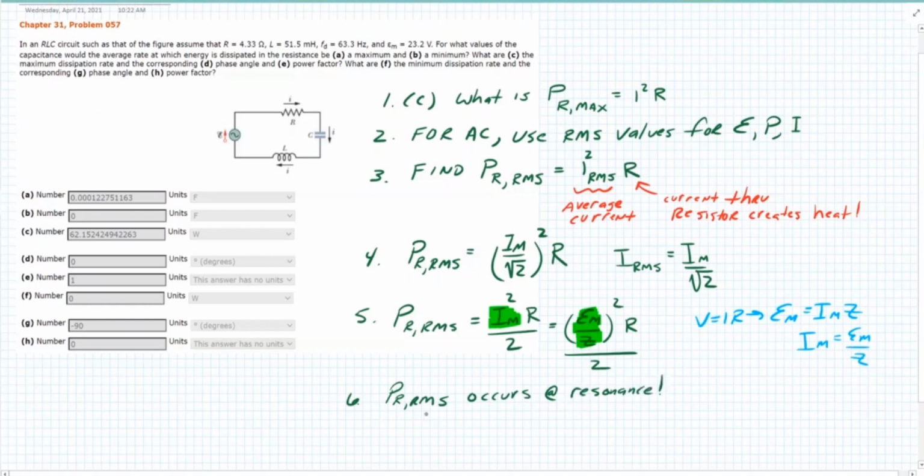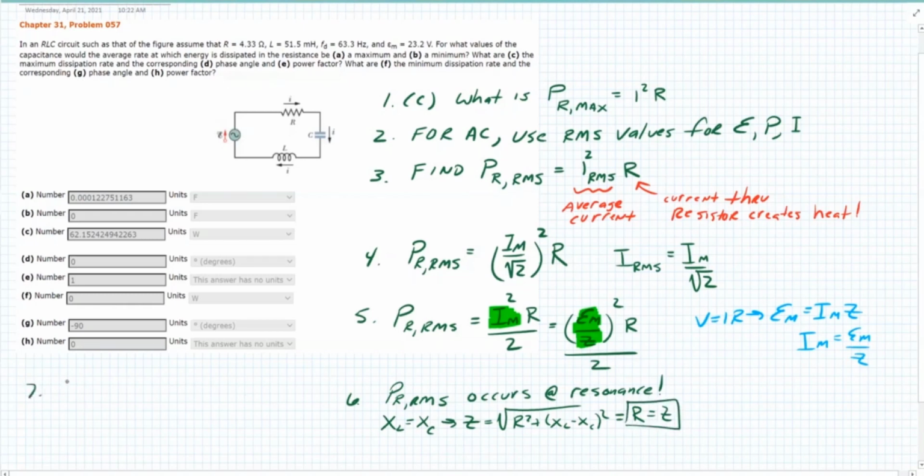So if we have resonance means whatever the contribution from the inductive reactance, it's going to be perfectly offset by the contribution by the capacitive reactance or the capacitor, which means Z, and by the way, Z equals the square root of R squared plus XL minus XC squared, is just going to equal R. Z equals R at resonance. So you know what that means.